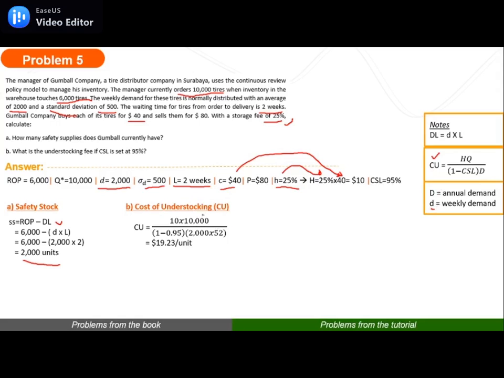So just put the numbers in the formula. The holding cost is $10. The Q is 10,000, divided by 1 minus 0.95 times 2,000 times 52, because there are 52 weeks in 1 year. And we get the cost of understocking is 19.23 per unit.